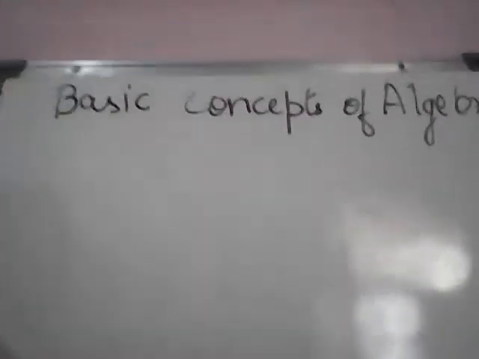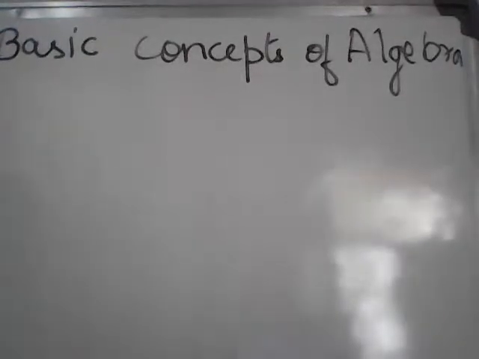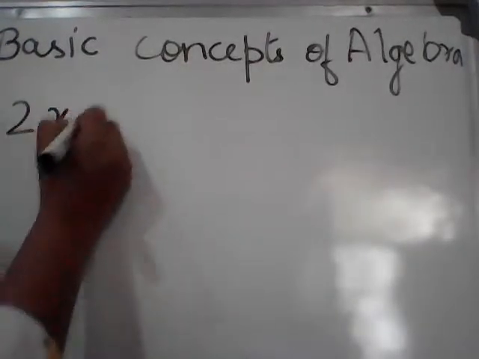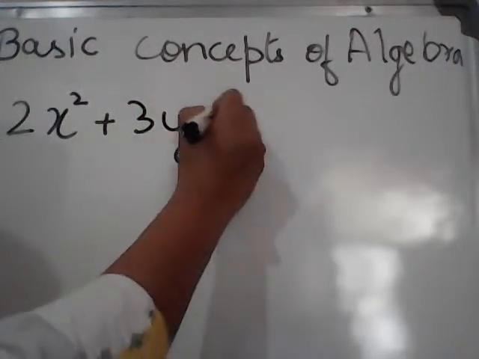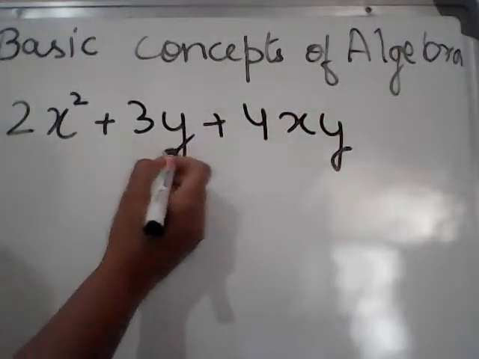What is algebra? Basically there are two things in algebra that we see: constants and variables. Suppose this is an expression. So we are using alphabets as well as numbers.